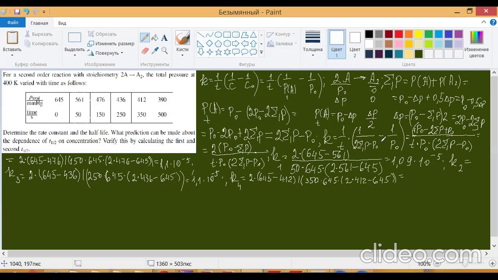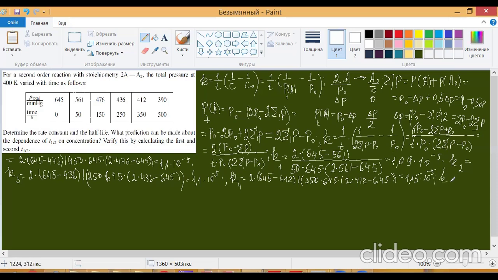Let me take the writings from the screen: 645 minus 412, and dividing by 350 times 645 and minus 645. Right. Again, we got 1.15 times 10 raised to minus 5.